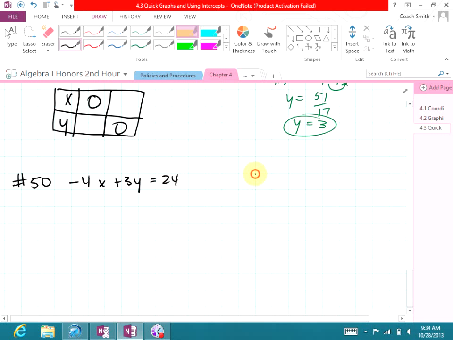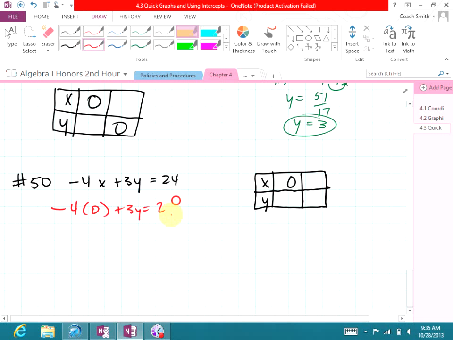So once again, like I just said, all you're basically doing is coming up with a table of values. X, y, where x is equal to 0. So if x is equal to 0, then I redo this equation. And so that's just 3y equal 24, which means y is equal to 8.